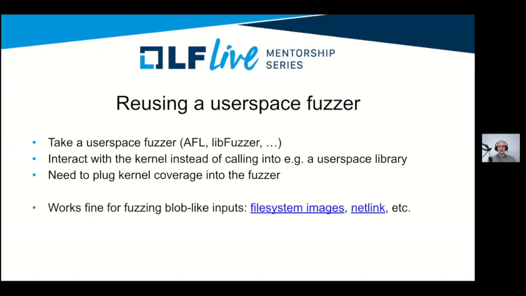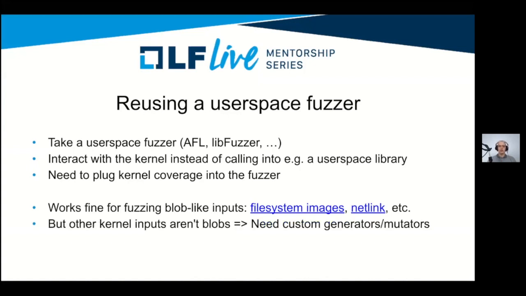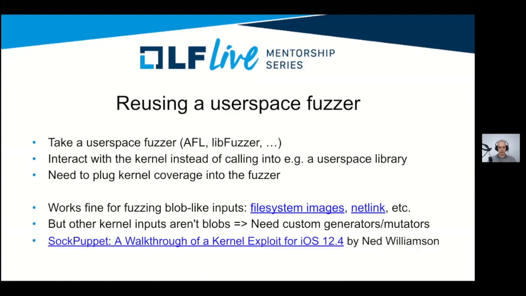And this works fine for fuzzing inputs that accept blobs of data, like file system images, certain netlink stuff, and other stuff like that. But usually, as we discussed, kernel inputs aren't blobs. In case you're fuzzing syscalls, it's a sequence of syscalls, so you would want to be mutating sequences of syscalls. You need to write some kind of generator or mutator for those inputs.